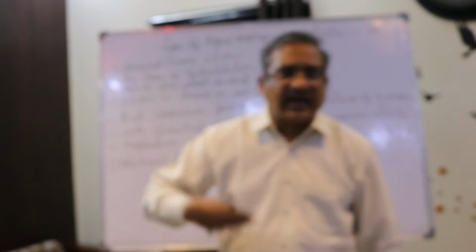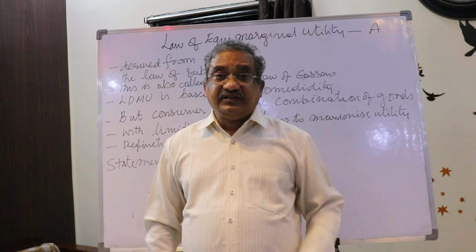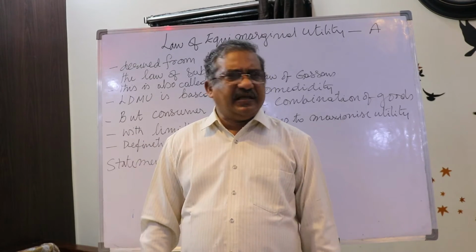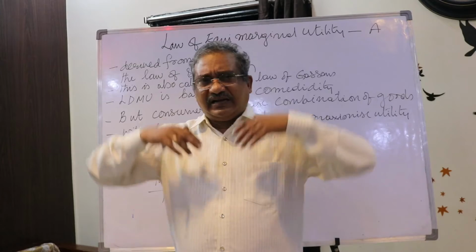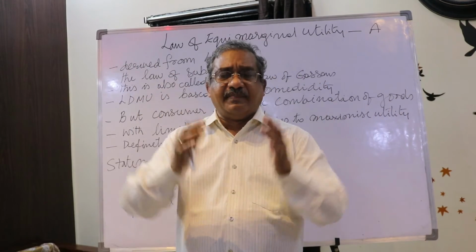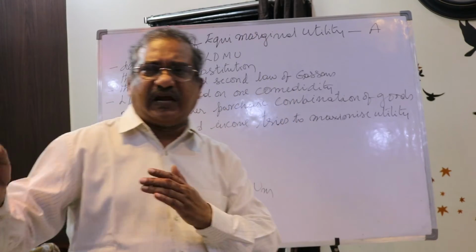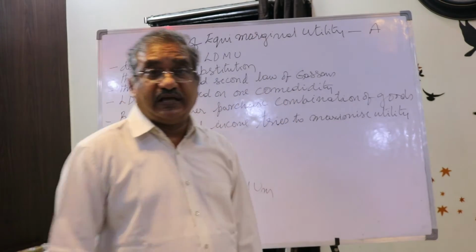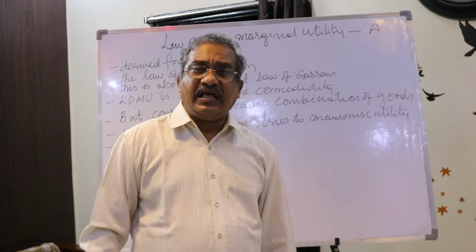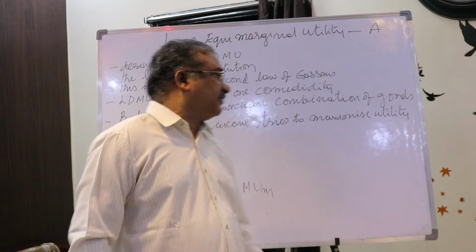When he wants to maximize his satisfaction with a limited amount of money. Everybody will not have enough money; they will always have a limited income. With the limited income, a man wants to get maximum satisfaction. That is called a rational consumer. A rational consumer always wants to get maximum satisfaction.